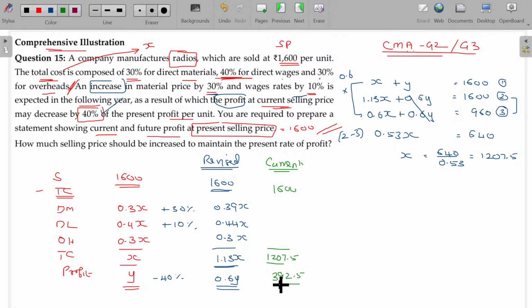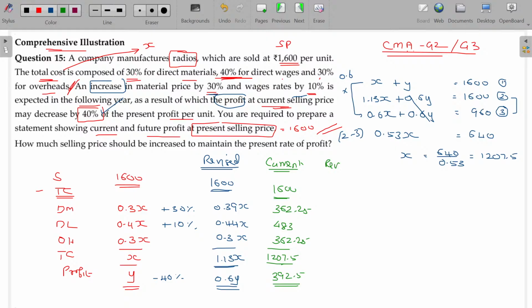Break this value. 1207.5, out of which 30% is for the direct material, 362.25, 40% is 483, again 30% is 362.25.